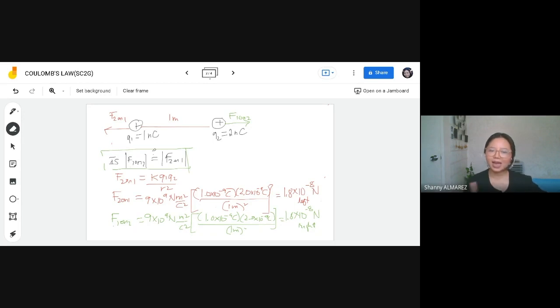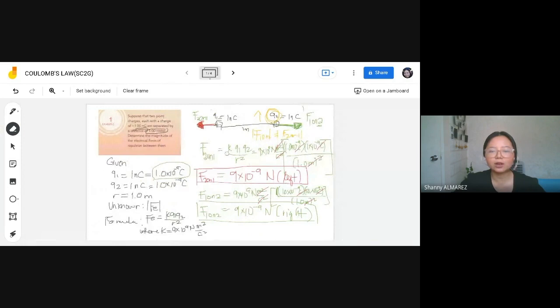Pero kung i-compare natin yung amount of force na nag-exist in the first and second setup, yun yung nag-increase. Diba? If we compare it to our previous setup, ang value niya lang na nag-exist sa kanilang dalawa ay 9 times 10 raised to negative 9.